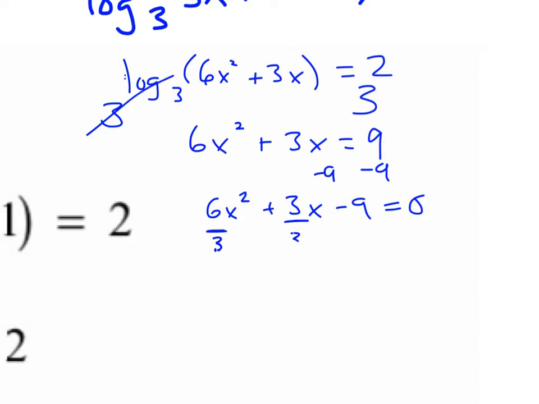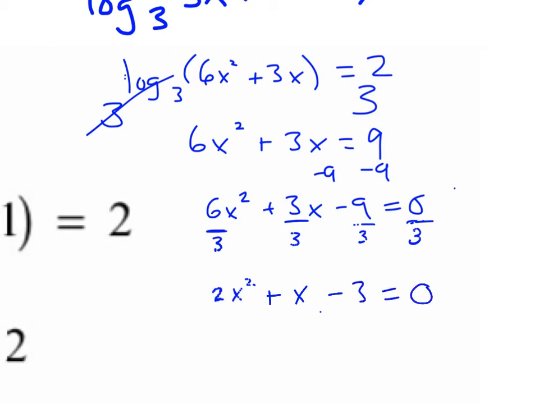Divide by 3, divide by 3, divide by 3. So this would be 2x squared plus x minus 3 is equal to 0. I keep using my pencil hoping it would work, but then it just doesn't.